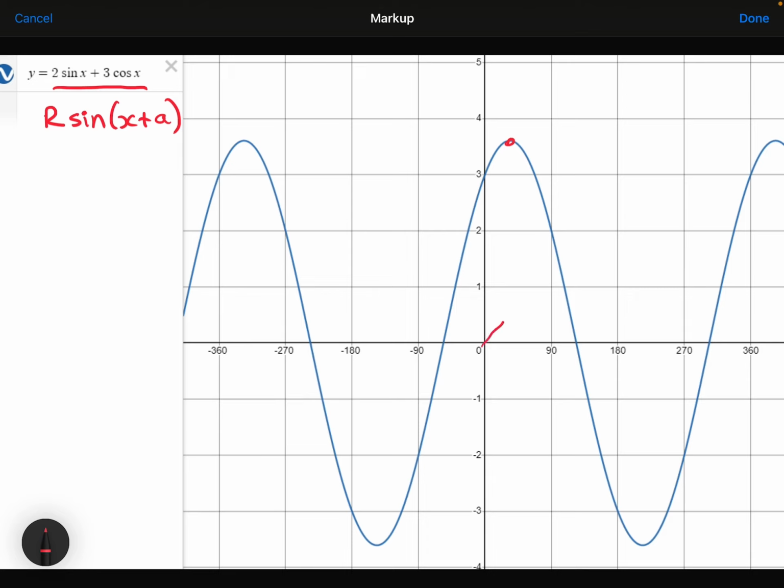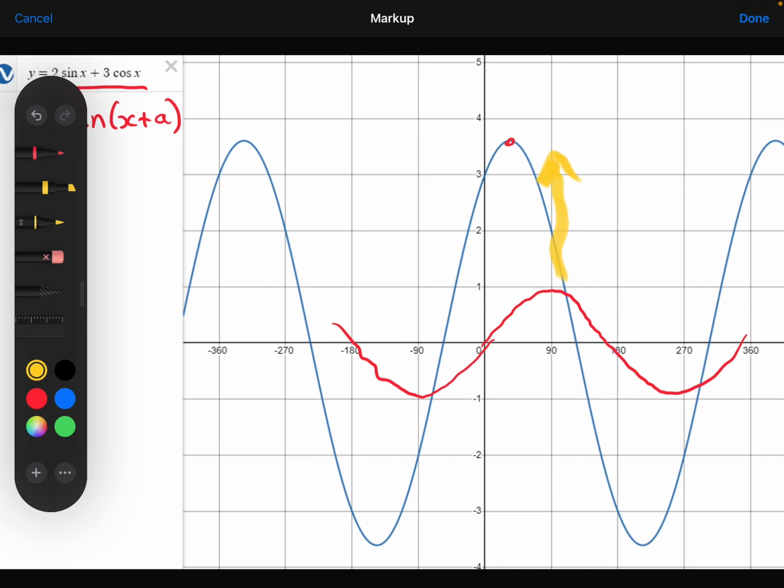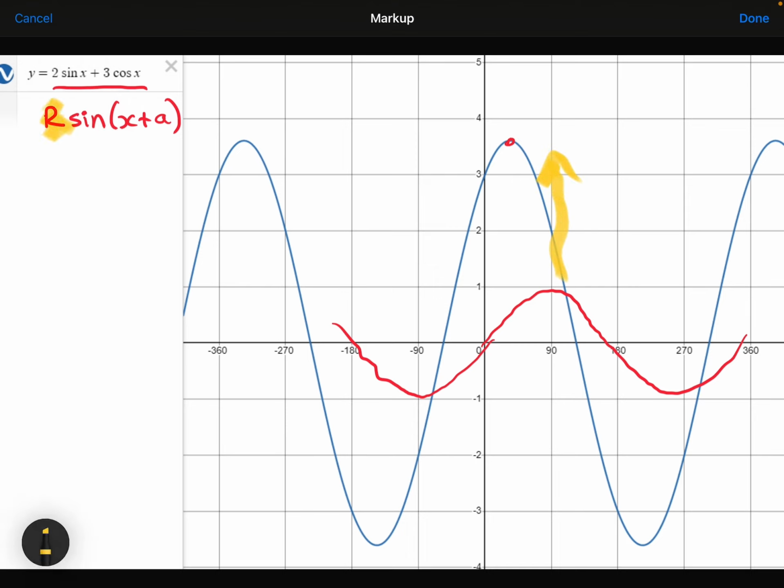You can see that the blue line has basically been stretched by a scale factor of r in the y direction, and then it's been translated by -a in the x direction.